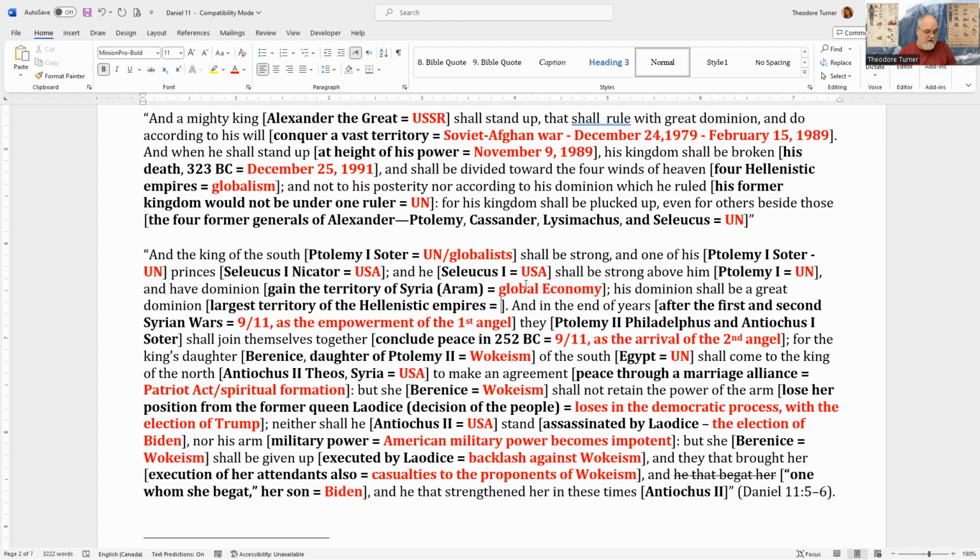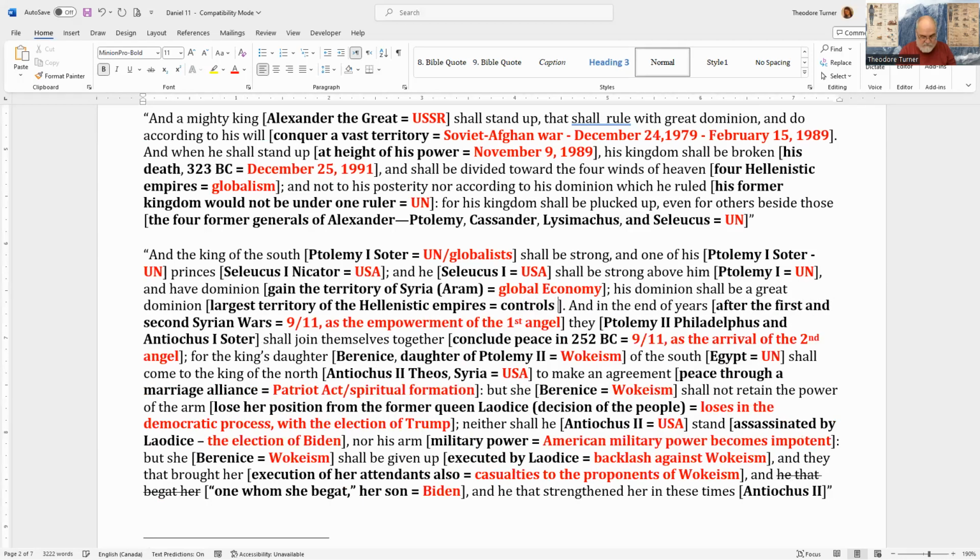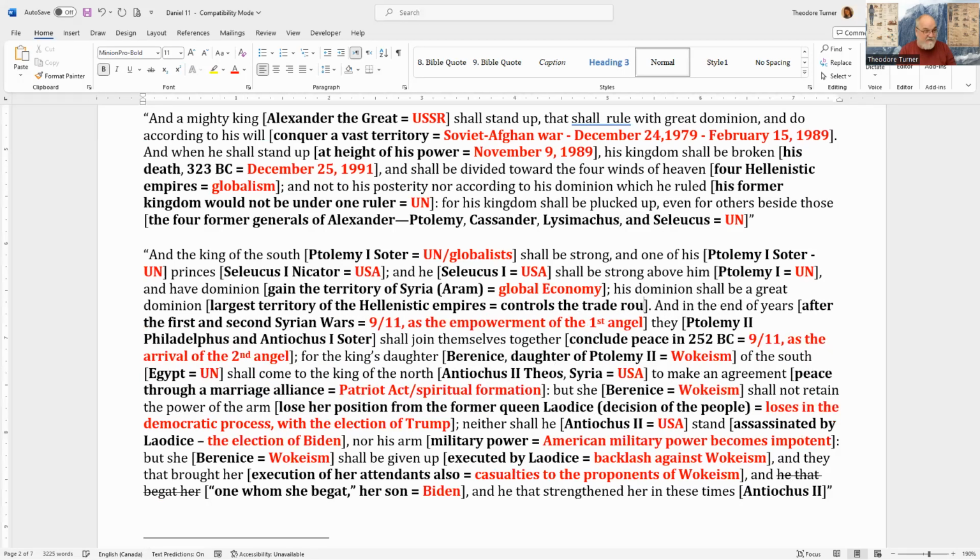In controlling all the trade routes, what a good adjective is for that. It controls or governs the trade routes. How's that? We'll just put that there for now, so we may find a better way to express that.